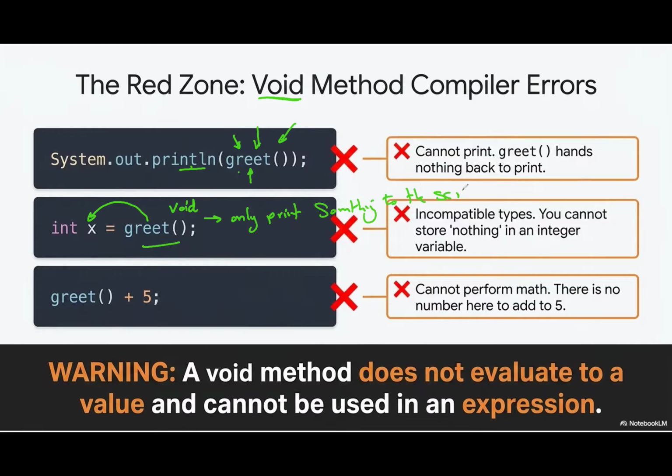If it already prints something to the screen, I cannot save what it printed into a variable. And x also is an int, so what is printed on the screen is actually a string. There is no way that I can take whatever this produces and save it and store it as x. Exactly. And you already see that I cannot add a value to the grade.